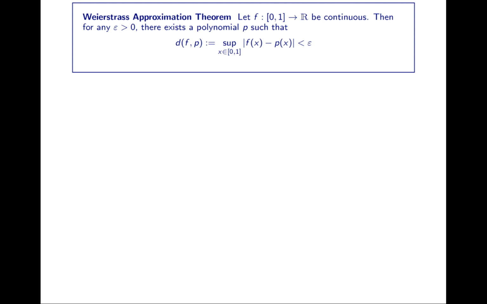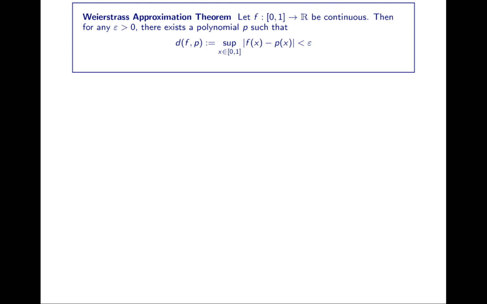This is important because a lot of numerical methods basically replace difficult or stubborn functions that are nevertheless continuous with polynomials that are nearby. For example, imagine I want to approximate the integral of a continuous function, but there's no closed form way to do it or straightforward way to do it.